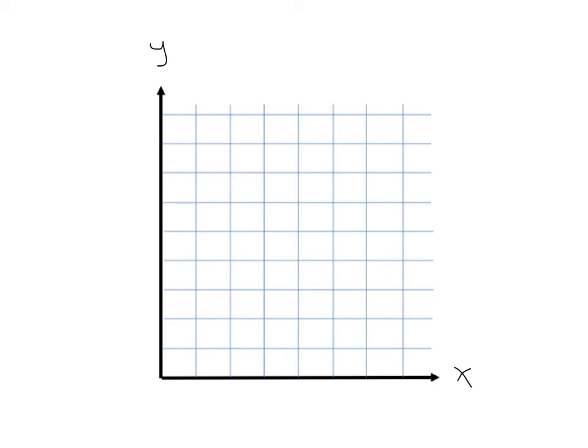So my intervals were 16 to 20 was my first interval, and then I had 21 through 25, then 26 through 30, 31 through 35, and 36 through 40. Okay?